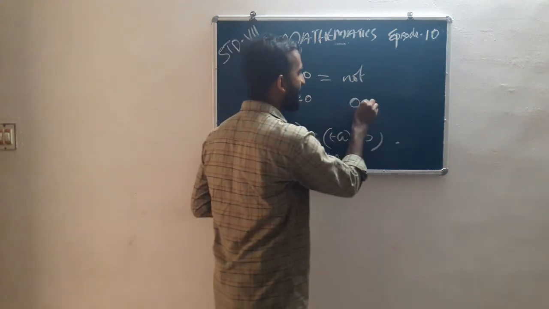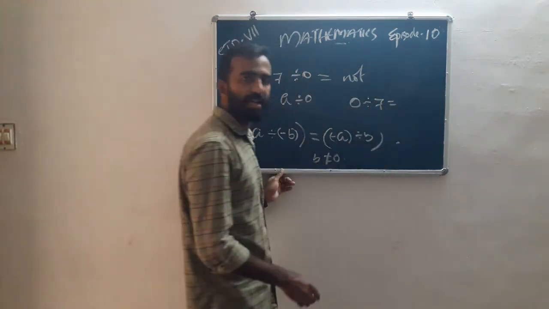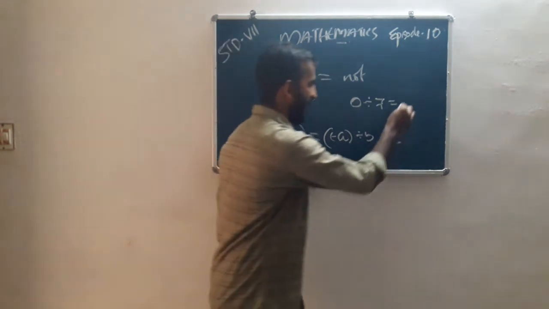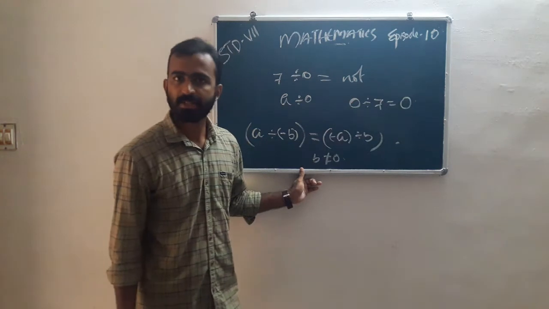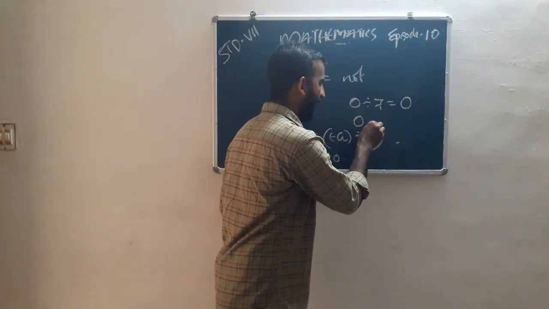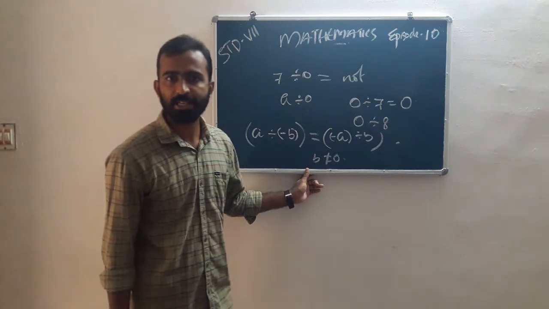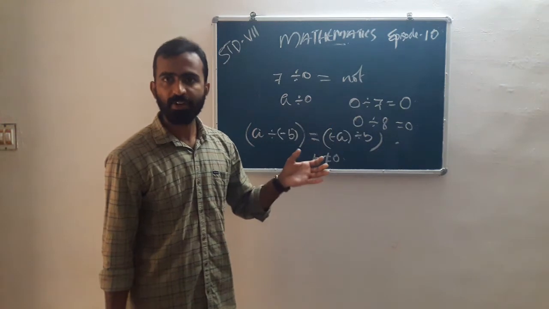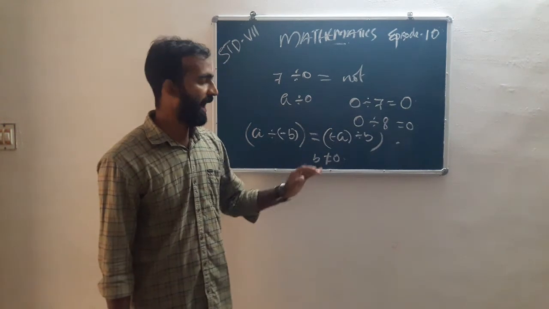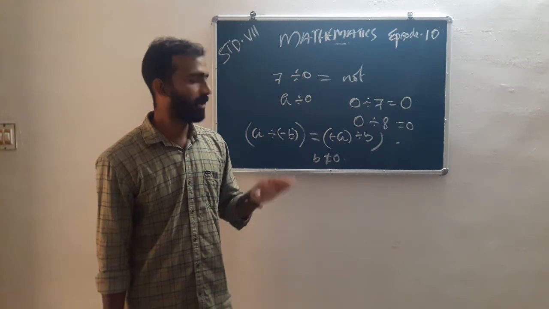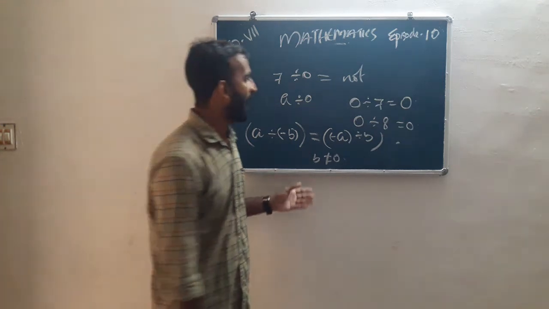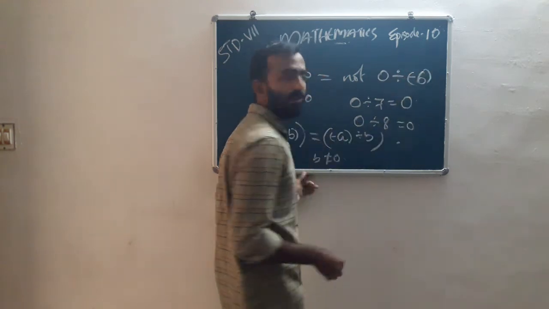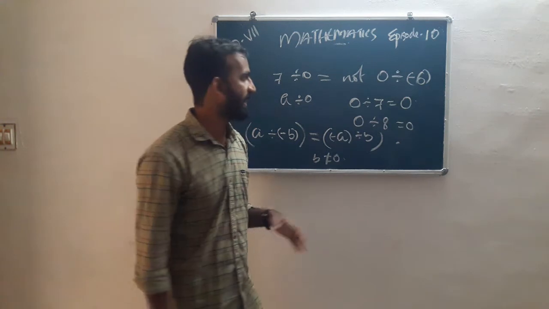And 0 divided by 7, what is the answer? 0. 0 divided by 8 is 0. And 0 divided by negative 6, what is the answer? 0.